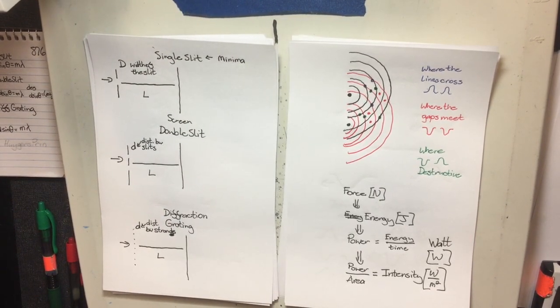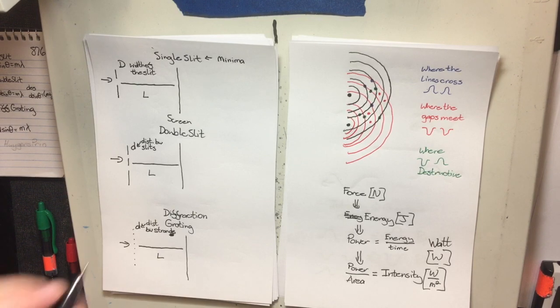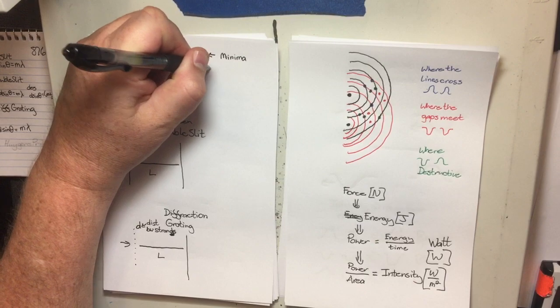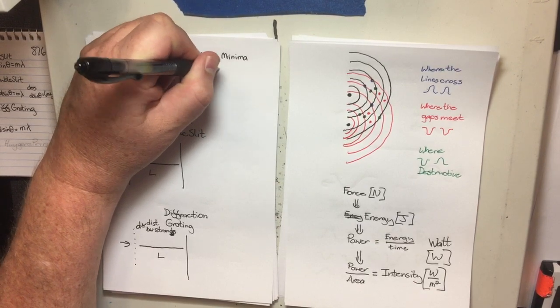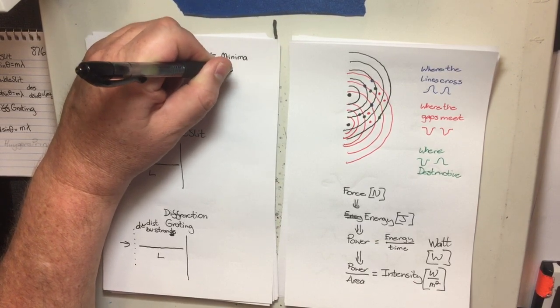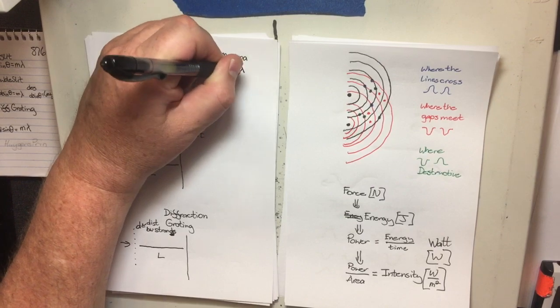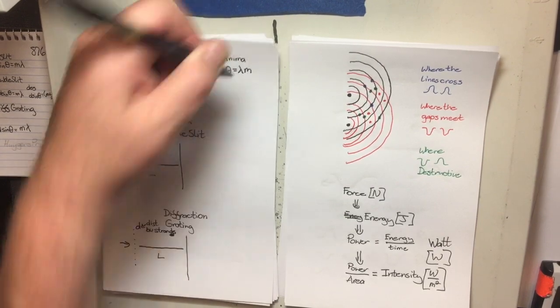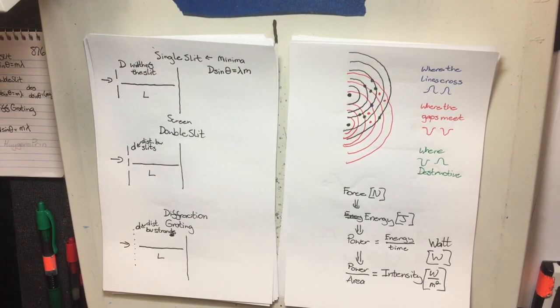It only cares about where the dark spots are. That's what the equation does. And the equation that you use is D sine theta equals m lambda, or lambda m, either one.